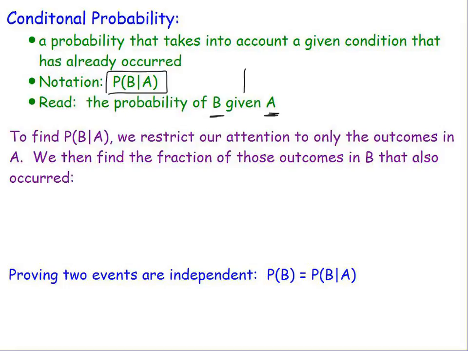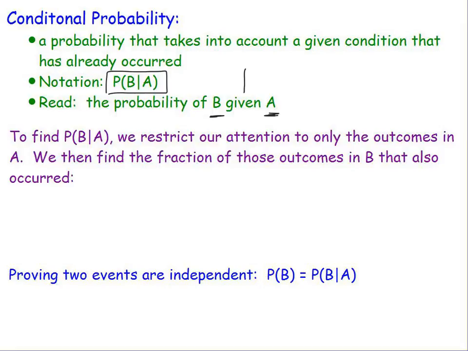So to find the probability of B given A, we are going to restrict our attention to only the outcomes in A. You're only focusing on A because A has already happened. We then find the fraction of those outcomes in B that also occurred.